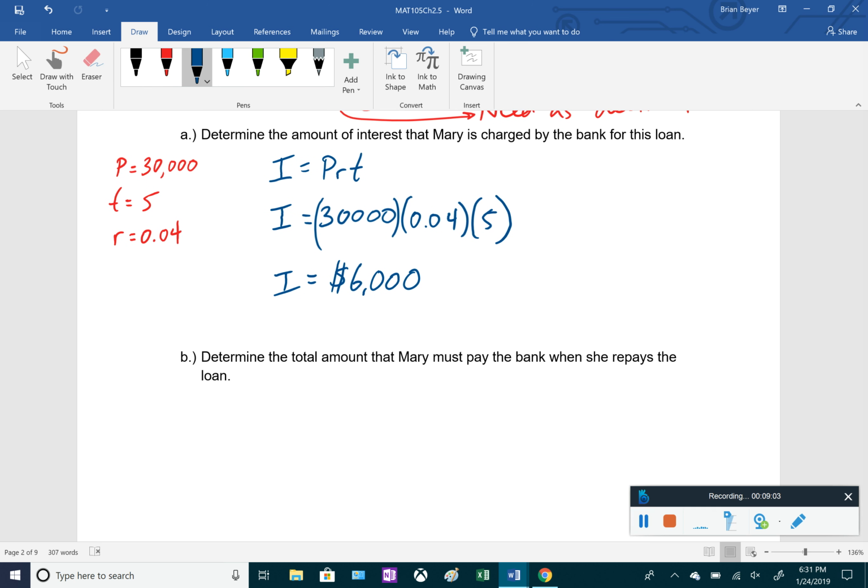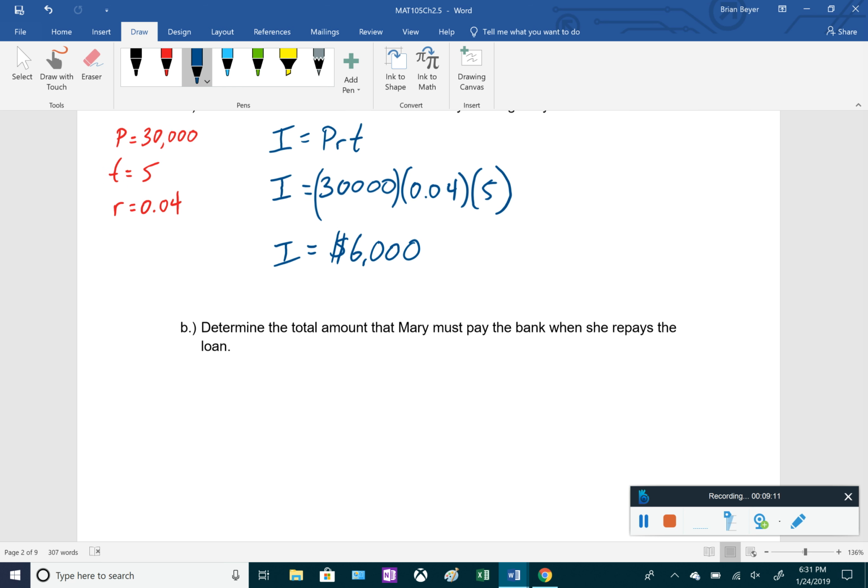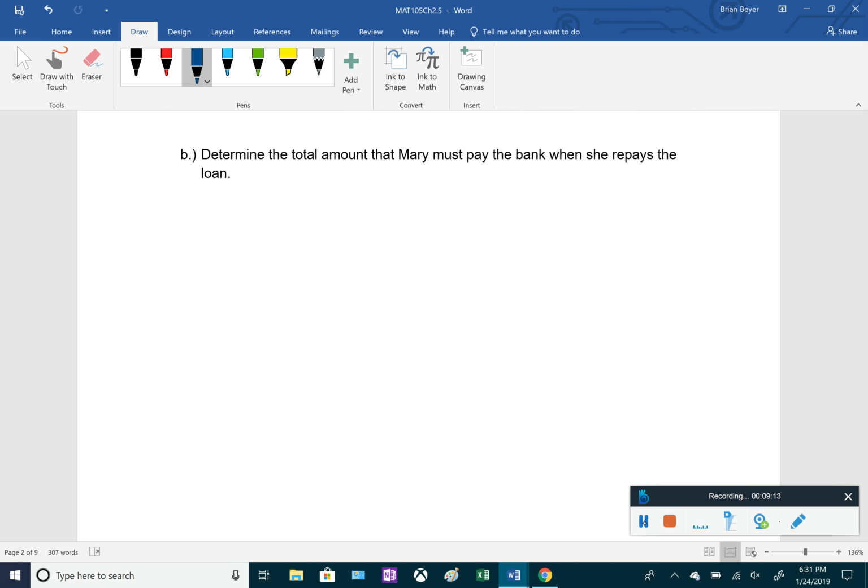Okay, and then the next question says, determine the total amount that Mary must pay back the bank when she repays the loan. So the total amount that's paid back is going to be the principal plus the interest accrued.